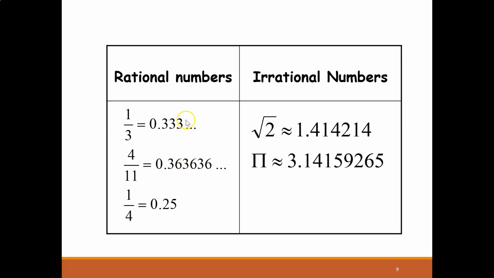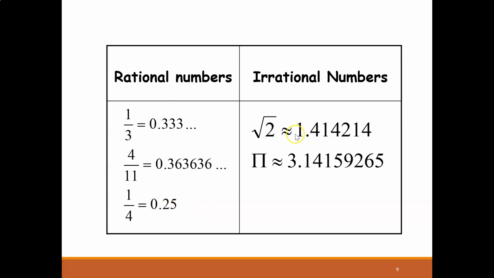So that is what we call repeating decimals. So these two are concluded as rational numbers. And also we have this one, 0.25. This is terminating. Terminating mean terhapus. Dia tidak berulang. Dia terhapus. It is exactly 0.25. And this is also a rational number.